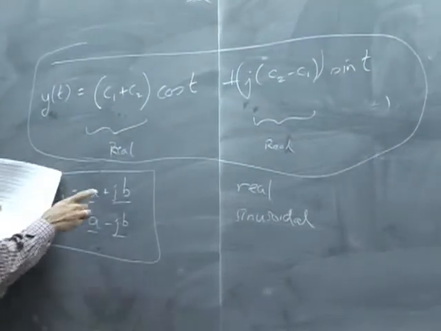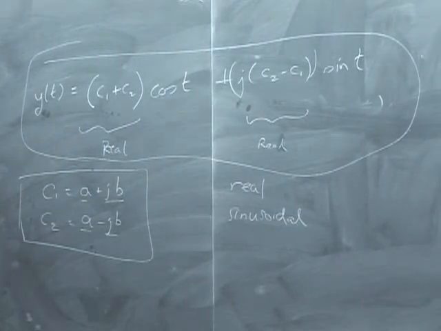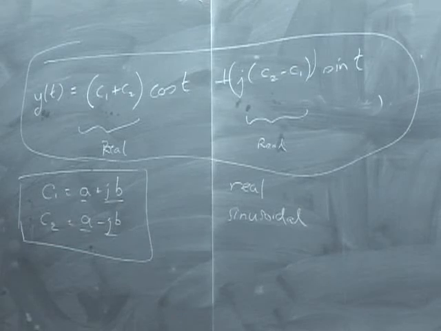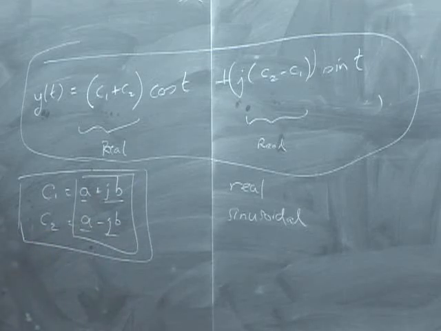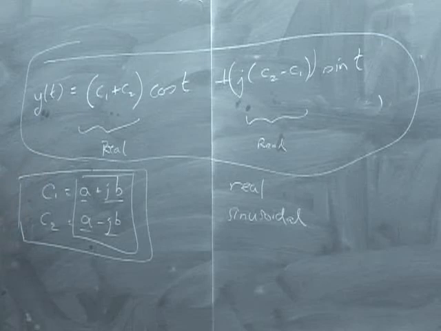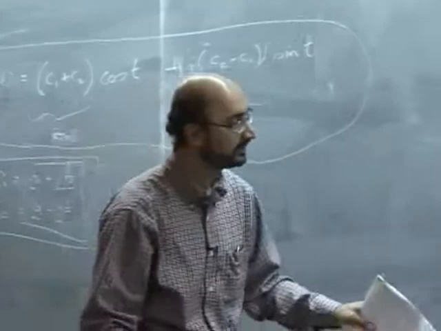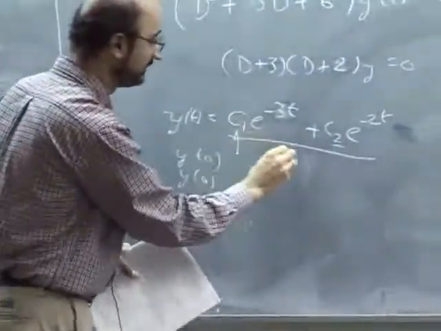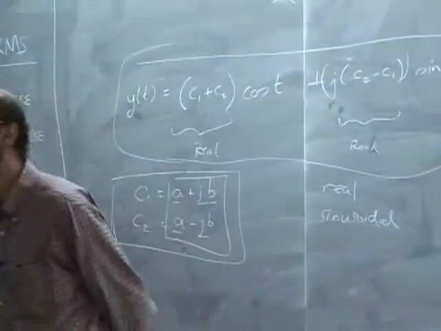I'm reusing those C1 and C2s a bit more than I should, but at any rate, these are some constants. I'm sorry, I can't see that end of the board from here. But yes, they are the same: those are the C1 and C2 from these as well. So those C1 and C2 can be complex.